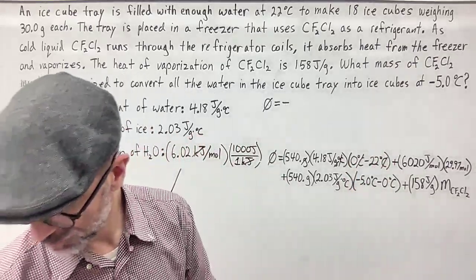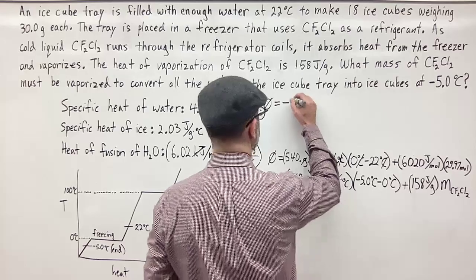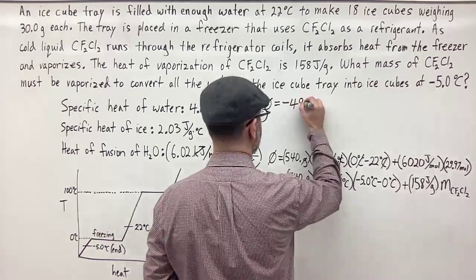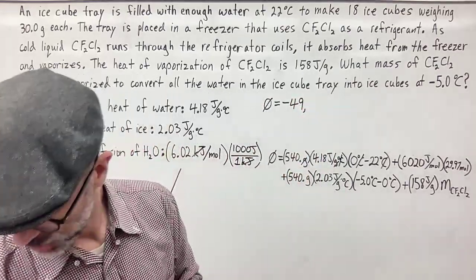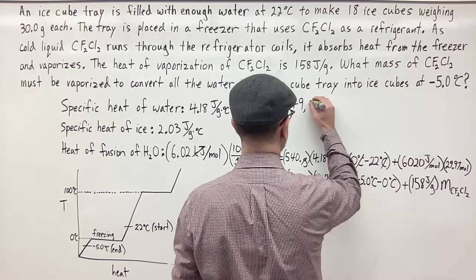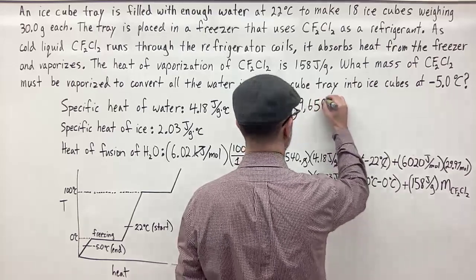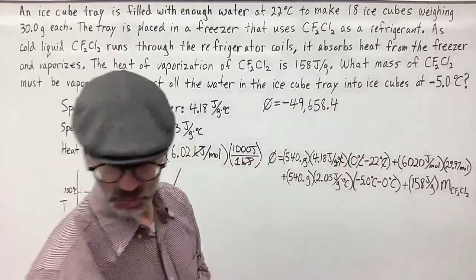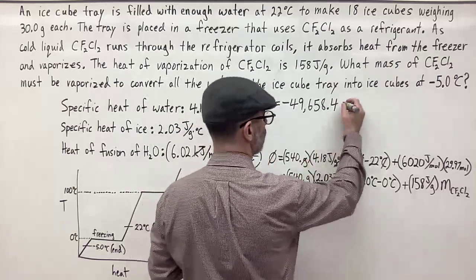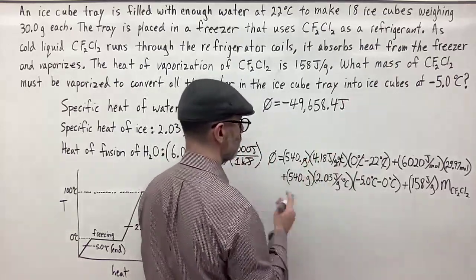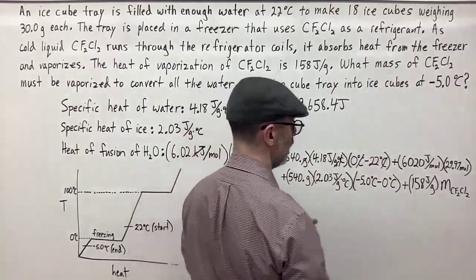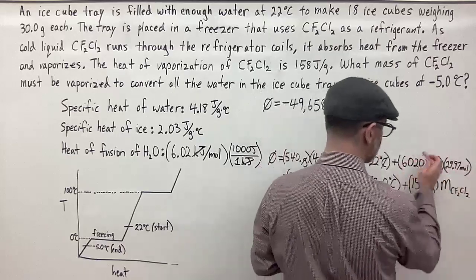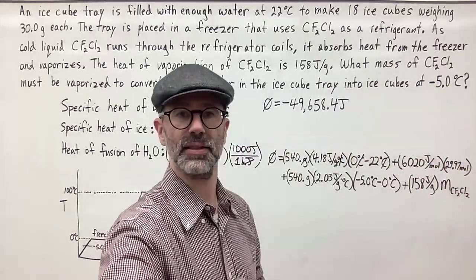So it's going to be negative 49,658.4 joules, since we have joules left.